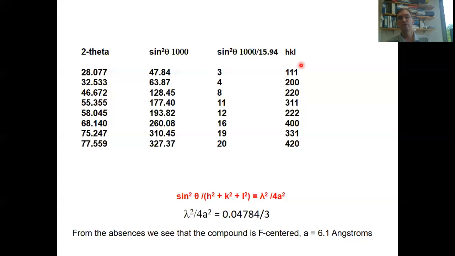So here they are all odd, here they are all even, here they are all even, here they are all odd, here they are all even, here they are all even, here they are all odd, and here they are all even again. So there we can be fairly certain that we have F centering. We have an F-centered unit cell with a lattice constant of 6.1 angstroms.